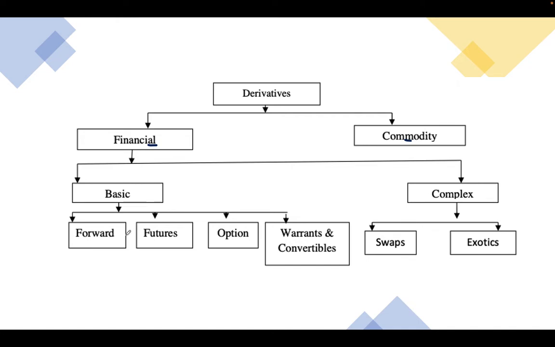So, basic, we have forward, futures, options, and warrants and convertibles. In complex one, we have two things. One is swaps and exotics.